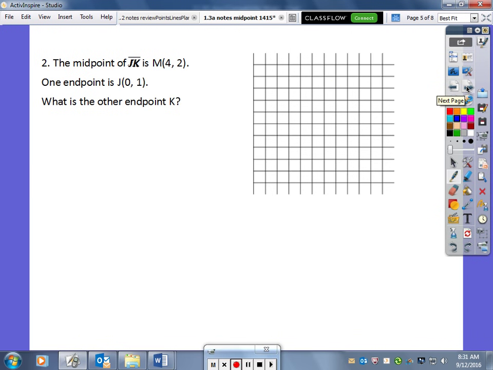Now let's move to another example where the midpoint is given, and so is one of the two endpoints, but we are supposed to find the other endpoint, called K in this case. Looking at our given coordinates, we can decide to put our coordinate plane again like we did in the previous example. We have only positive coordinates. And let's put in there the things we have.